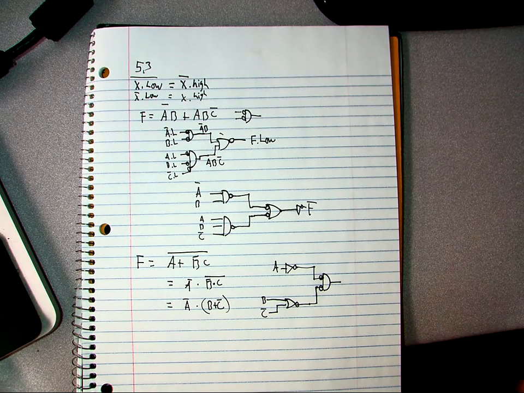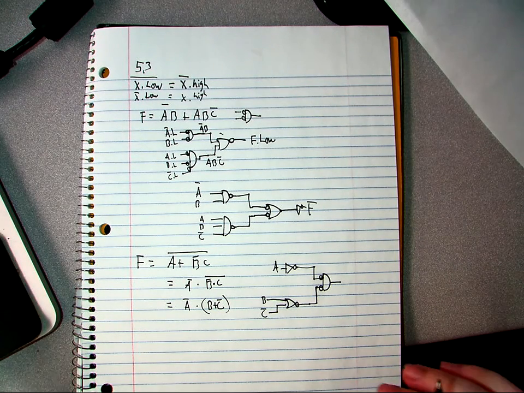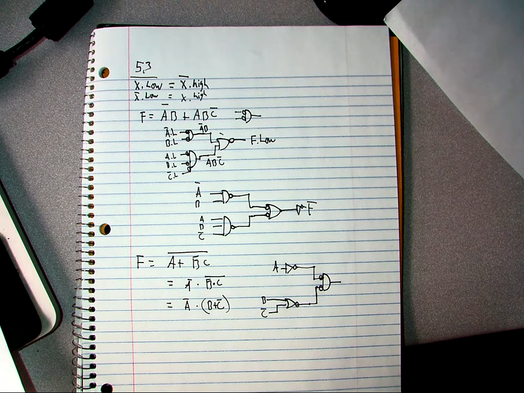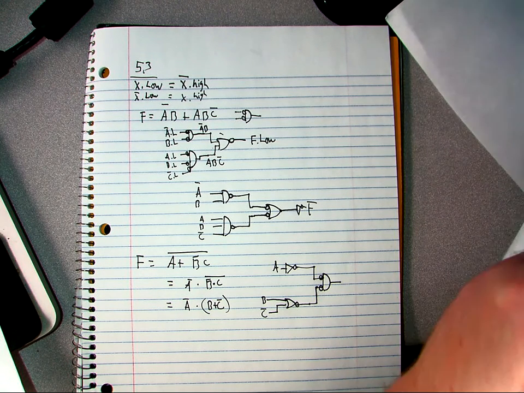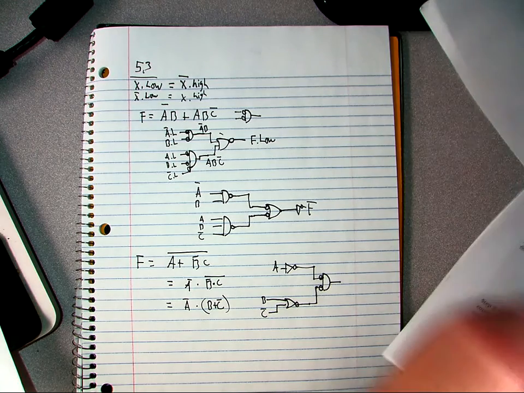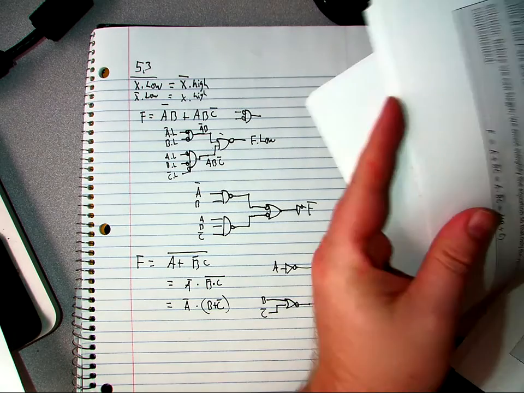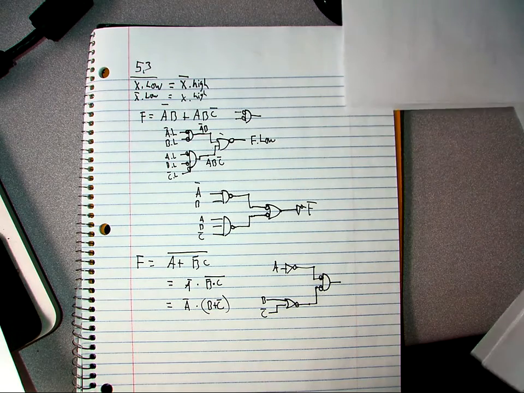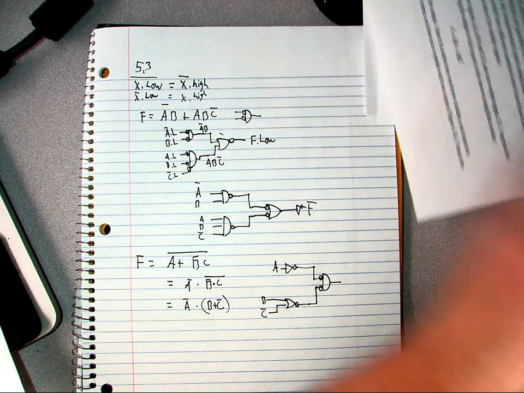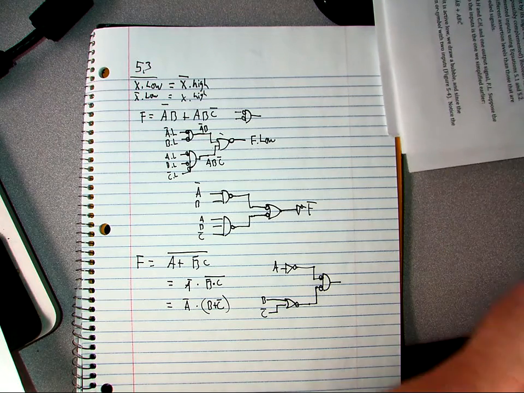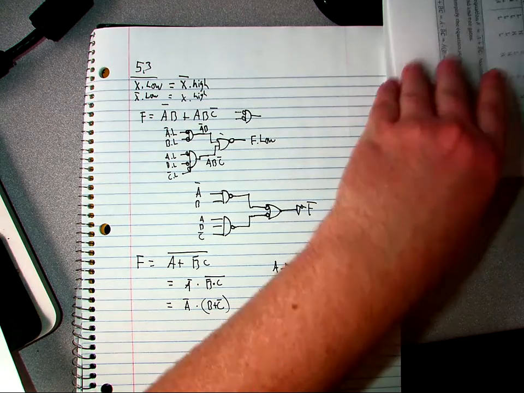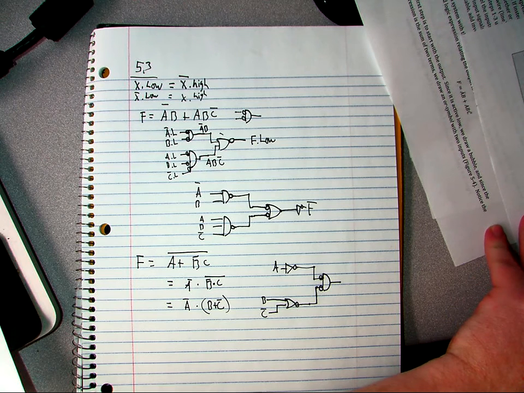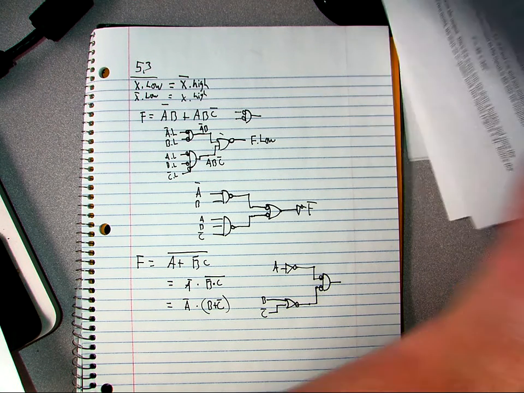So give me 2 seconds while I look at 5.3 to make sure that I haven't missed anything that would be considered important to you guys. Okay, so in 5.3, it's going to talk about incompatibilities between the logic levels.